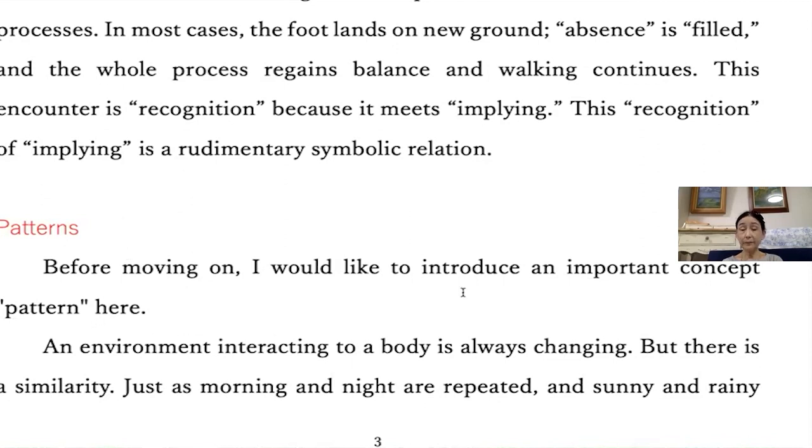Patterns. Before moving on, I would like to introduce an important concept here, pattern. An environment interacting with a body is always changing, but there is a similarity.